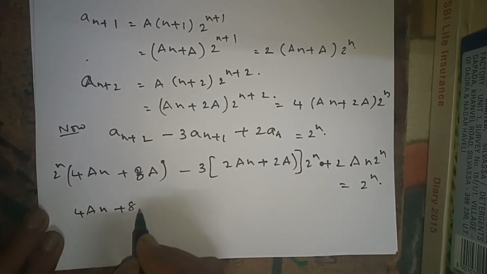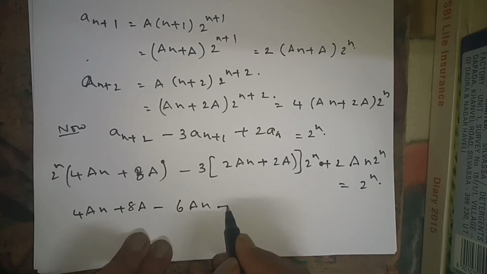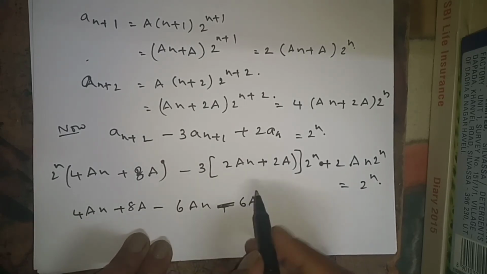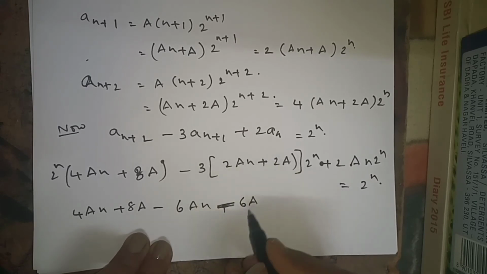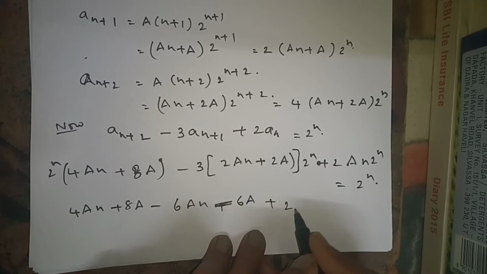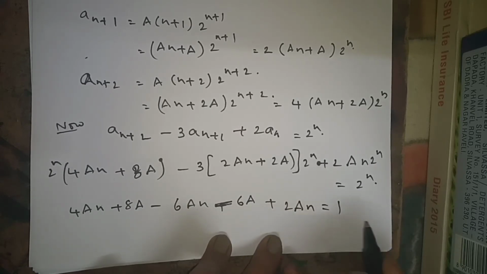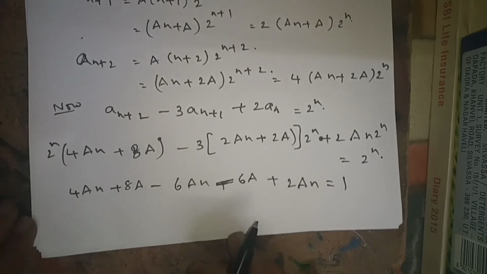4an plus 8a, minus 3 2s are 6an, minus 3 2s are 6a, plus 2an is equal to 1. We cancelled both sides.